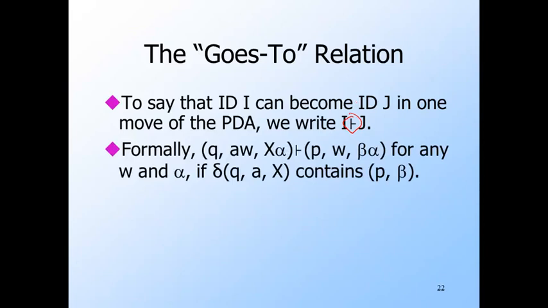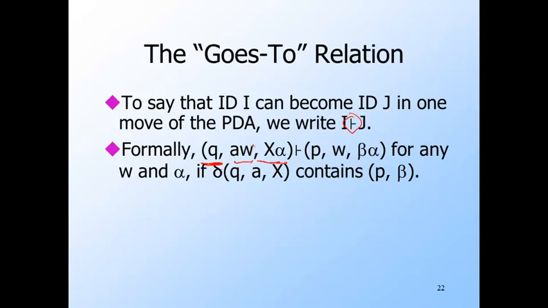That is, suppose the first ID has state Q and input AW, where A is either the first symbol or epsilon, whatever is used for the next move, and it has stack X alpha, where X is the top symbol and alpha is then everything below that.